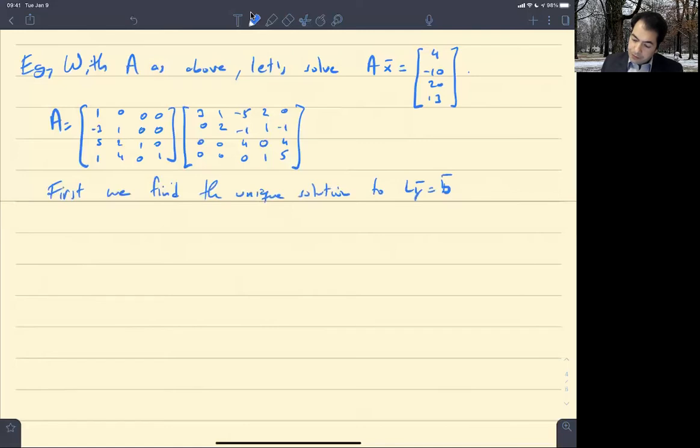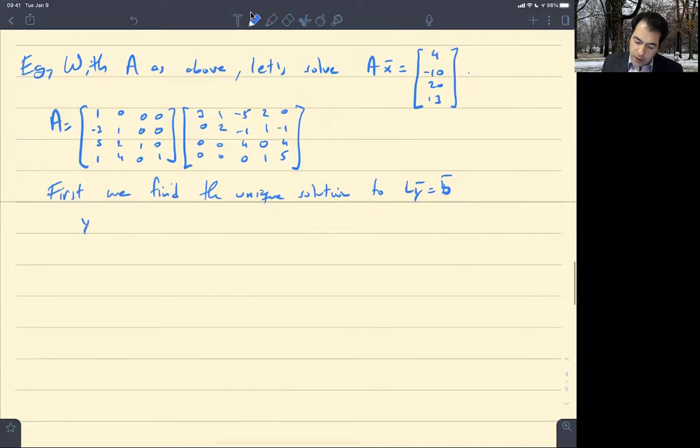Okay, so again, this is easy. How do we do this? So Ly equal to B. Let's translate this into a system of equations. I'm using these rows, this is my coefficient matrix.